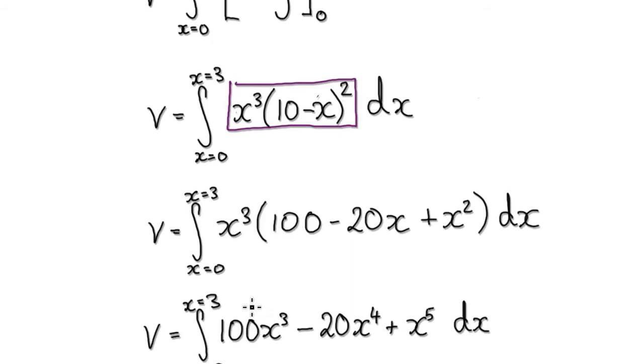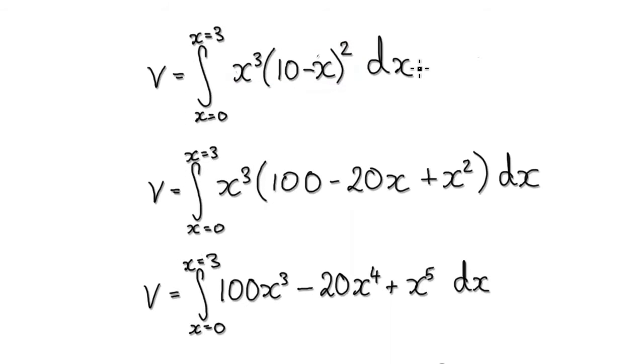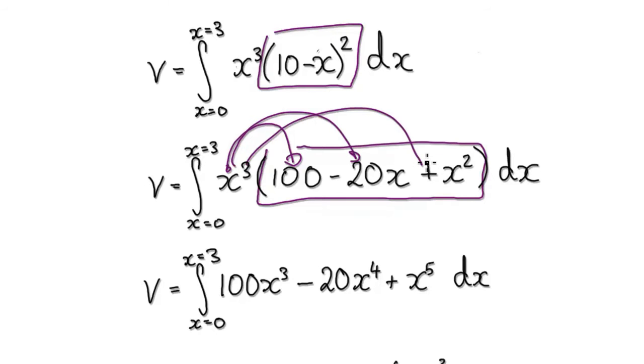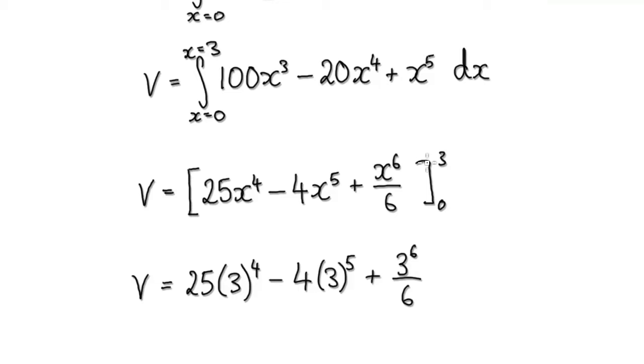And then you've got to integrate it with respect to x. So let's multiply this out. That will give us this thing here, and then multiply this. That will give you this thing here, and now you can just integrate it with respect to x.